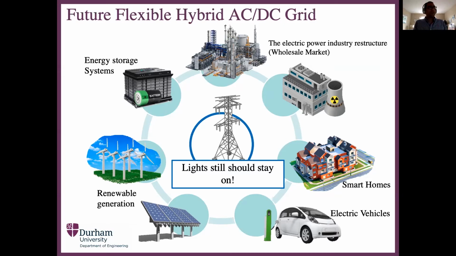And the job of the network operator or whoever owns the network is that they need to make sure lights still stay on, regardless of what is happening in the topology of the system. You still want to be able to drive your electric vehicle, come back and plug it in, and you expect that electric vehicle starts charging.